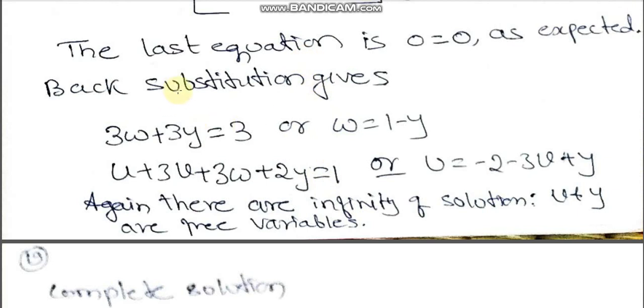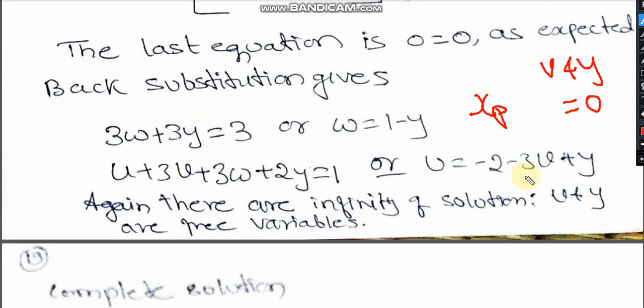So how do you write the expression? The value of u when all the free variables are made 0. To write xp, you take the free variables, that is v and y, and substitute them equal to 0. If I substitute v and y equals 0, this becomes 0. So what will be the value of u? Minus 2.